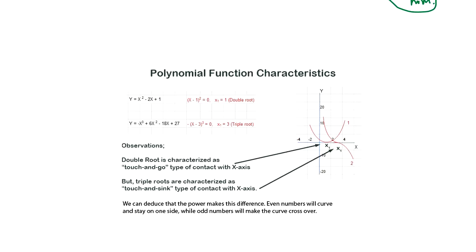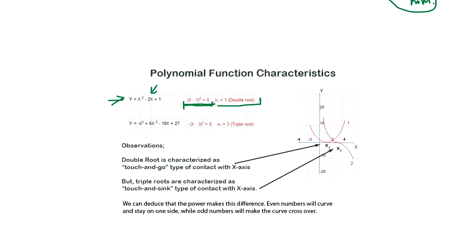First of all, polynomial function characteristics. Do you remember the quadratic equation? This function, when y is 0, we can factor it, so we know there is a double root.